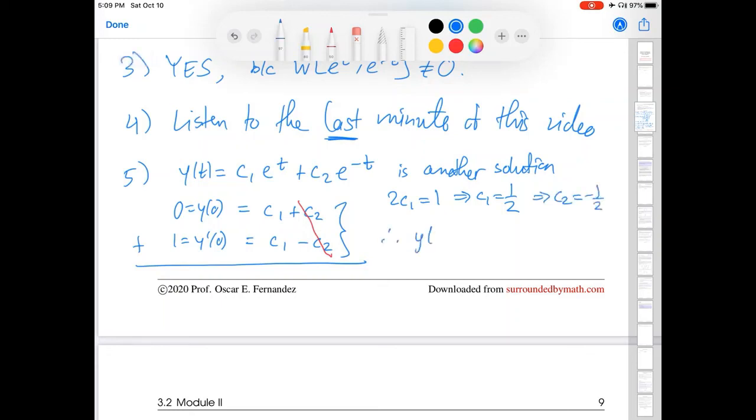So our final answer for the y of t function is 1/2 e to the t minus 1/2 e to the minus t. And this is a function that solves the initial value problem. We had already proven in part 4 that there was only one solution to this initial value problem that we're considering. So we're done. This must be the one and only solution. All right, so that's it. Thank you.